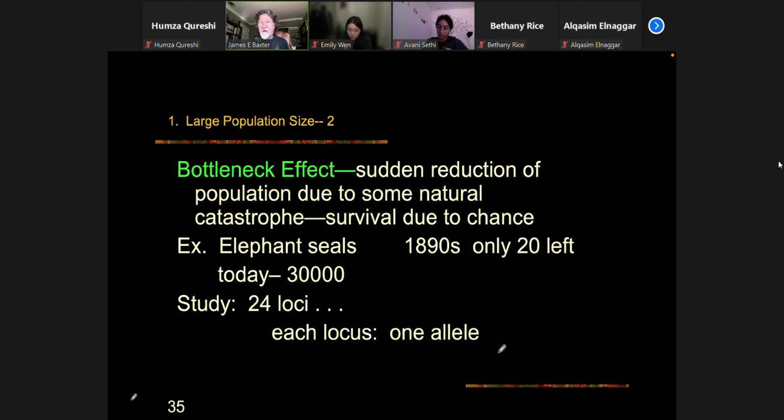Very many of their gene loci happen to have only one particular allele, whereas in other cats in Africa, that same gene locus has multiple alleles. And the way this can be explained is that sometime in the past, the cheetah population must have been really, really reduced and then undergone genetic drift.